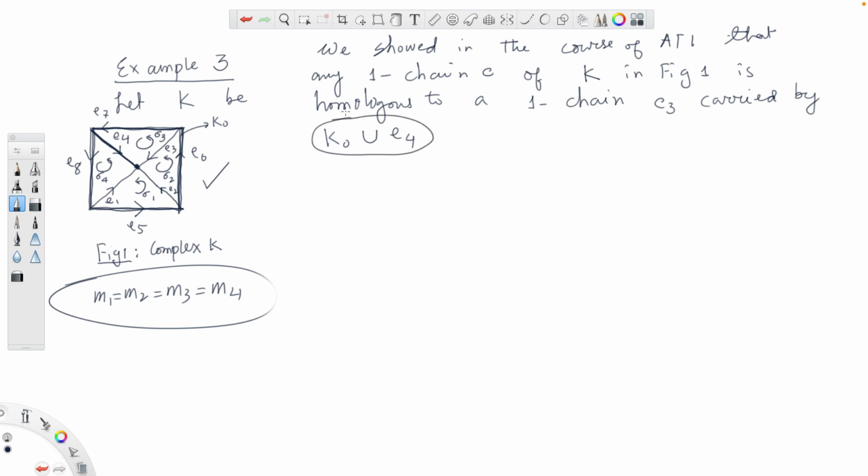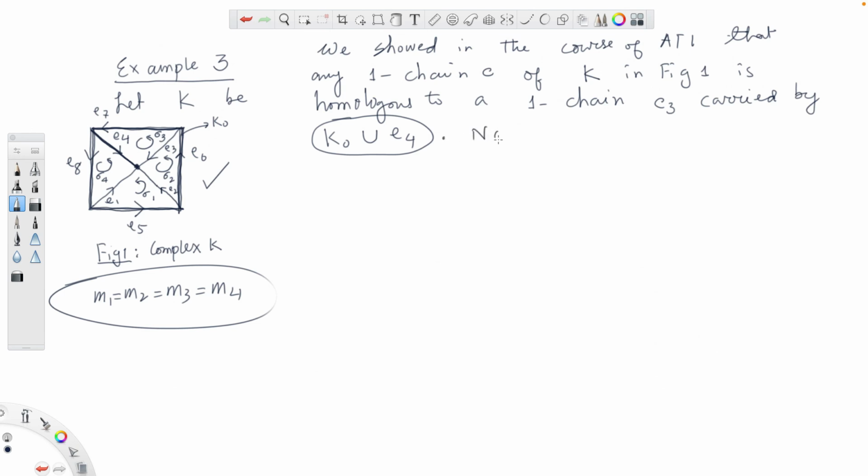We were introduced to this trick in the course of algebraic topology 1, so I'm not going over that trick. Refer back to lecture 7 of algebraic topology 1, if you don't remember it exactly.